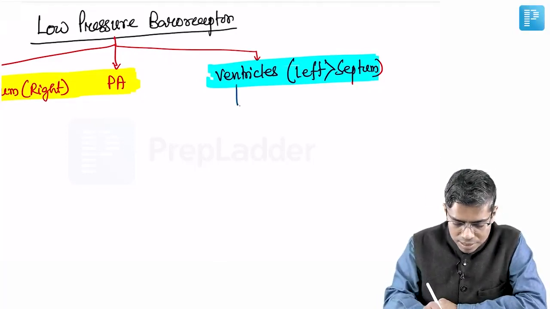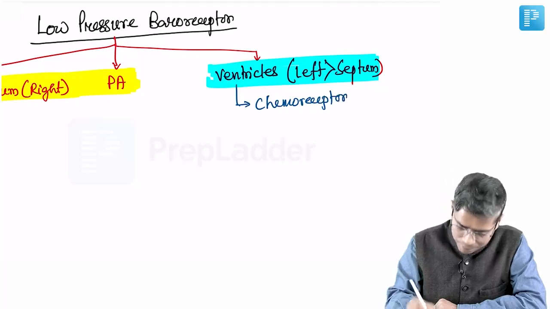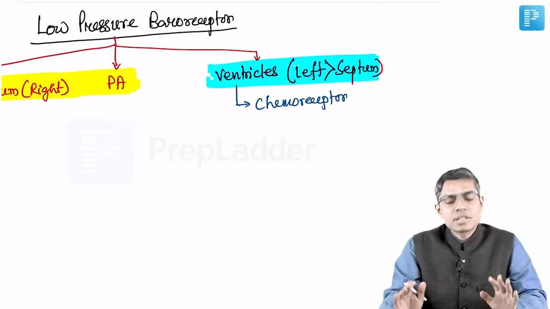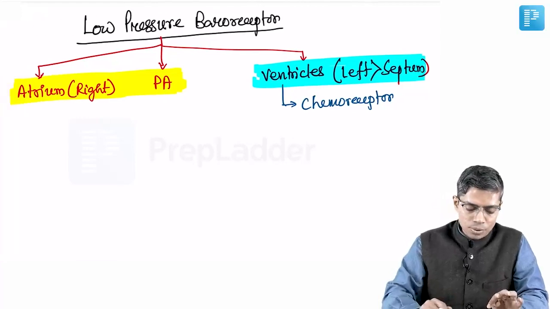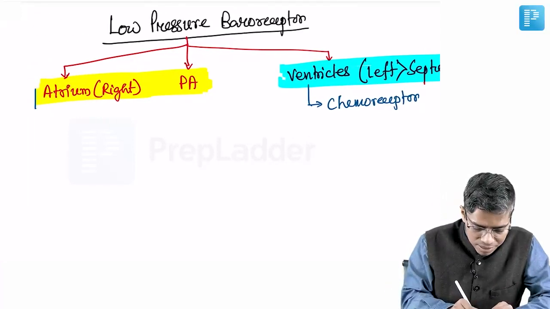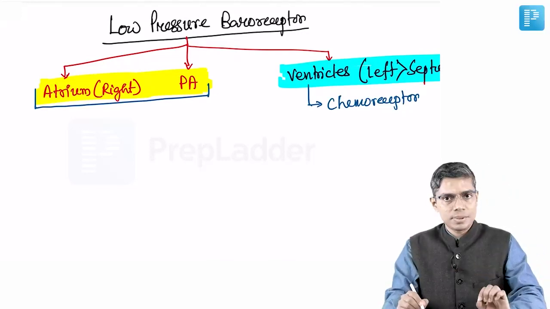So they are basically known as ventricular chemoreceptor, and the reflex is known as the coronary chemoreceptor reflex. I will tell you a little bit later. Okay, so first we are going to discuss this atrium and pulmonary artery baroreceptor.